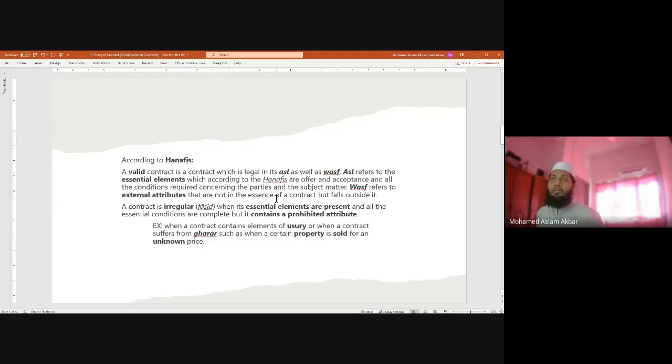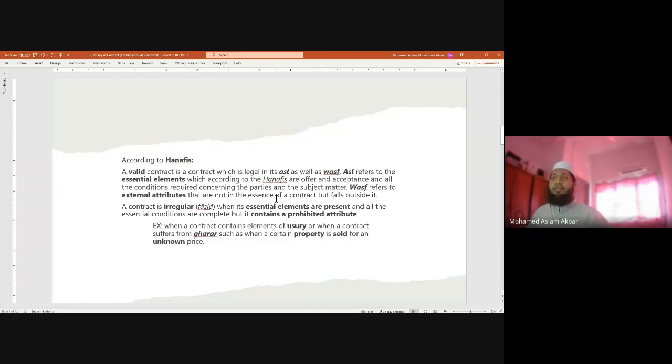So now let us see why they have to mention asal and wasaf, because for the purpose of explaining the irregular, fasid contract, they have to tell you what is asal, what is wasaf. A contract is irregular when its essential elements are present and all the essential conditions are complete, but it contains a prohibited attribute. You see, it looks fine.